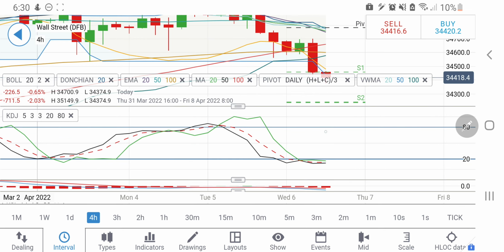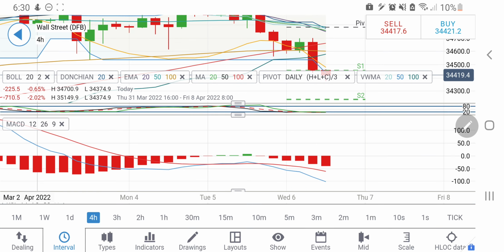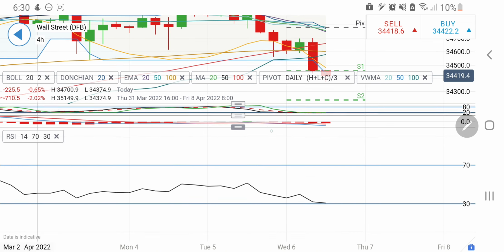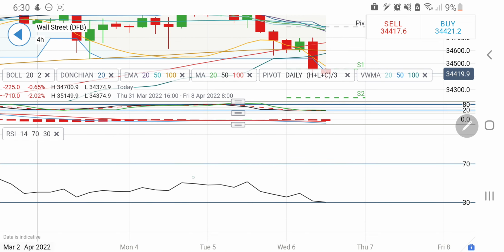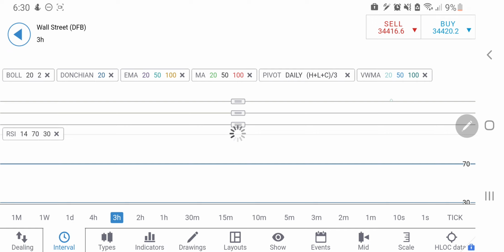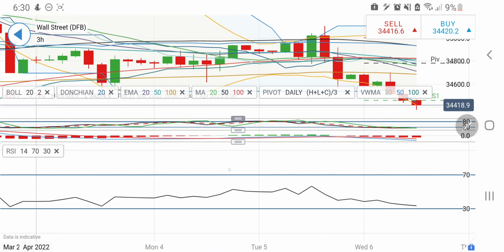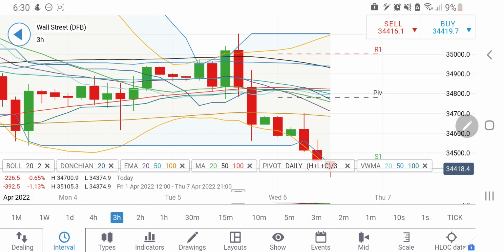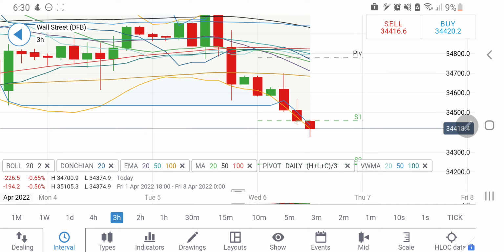Look at the 4-hour chart, extremely oversold here, so be a little bit cautious. But at the same time, MACD is widely divergent on the sell side, indicating strong bearishness. And yes, RSI is oversold. If you look at the 3-hour charts, the candle size is consistently reducing.